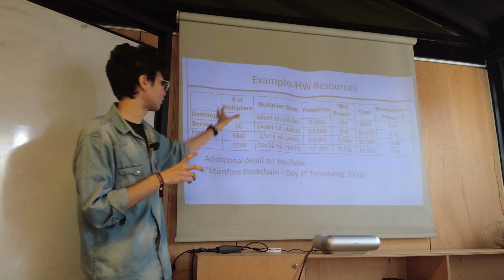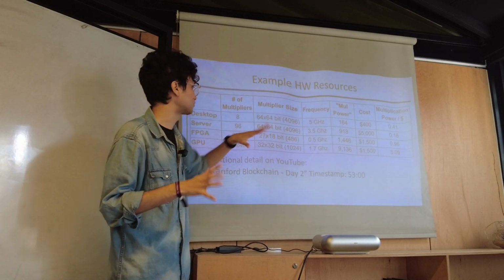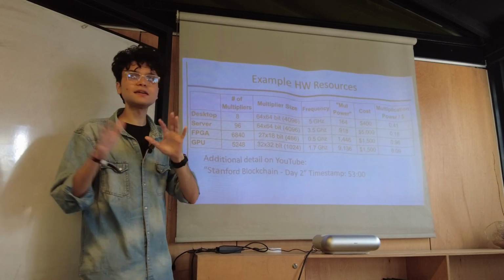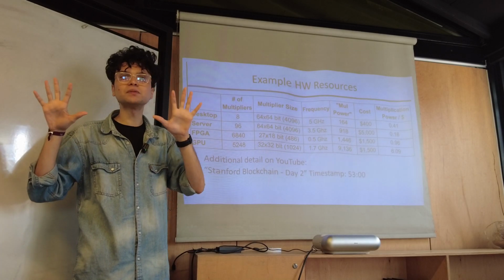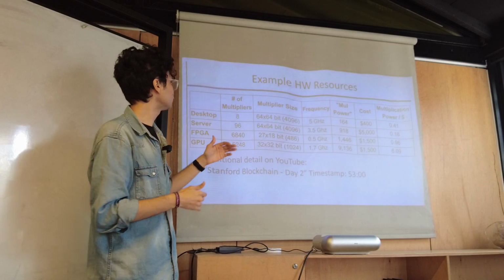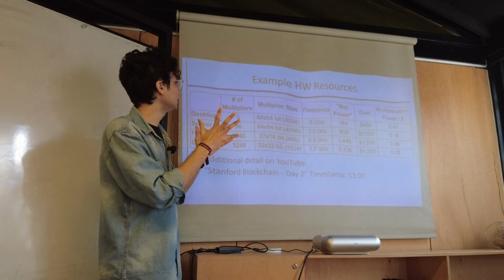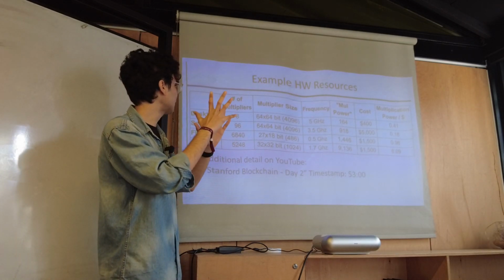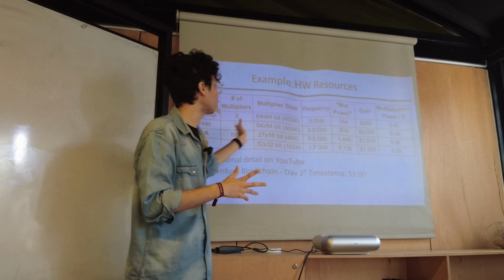So I'll quickly walk you through what this means. Like I said, modular multiplication is the most important operation that happens in ZK. So how we gauge how a hardware accelerator will perform is based on all of these metrics.